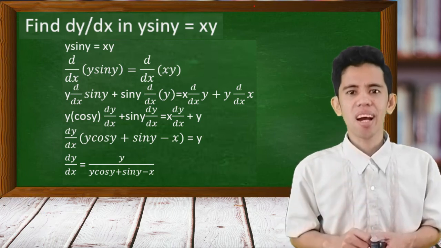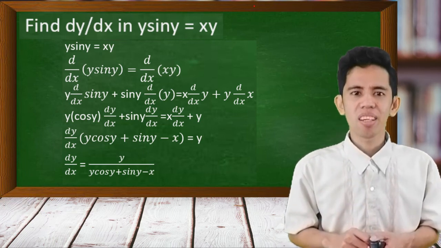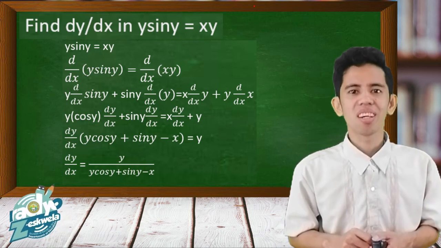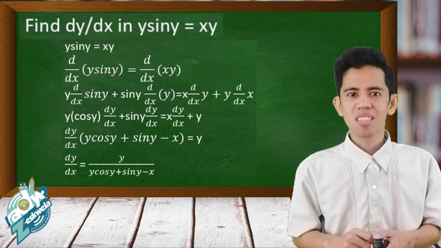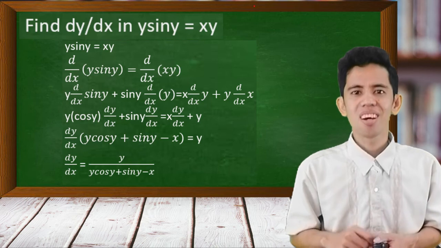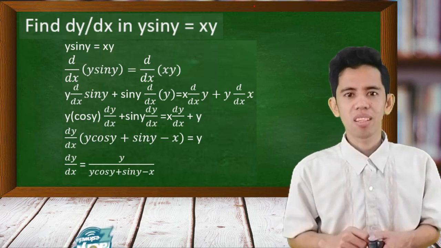Simplify, we have y cos y dy over dx plus sin y dy over dx minus x dy over dx is equal to y.